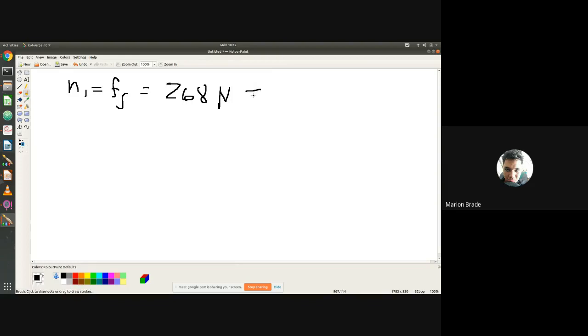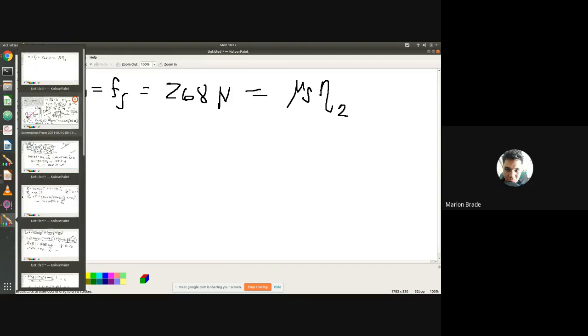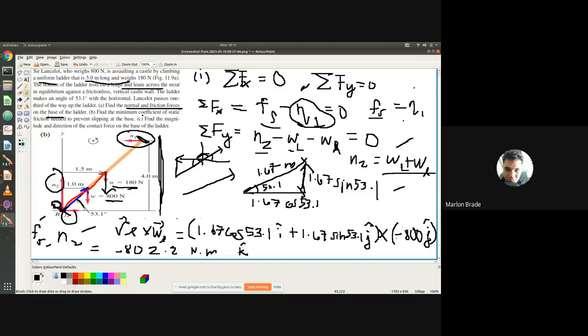And this must be equal to mu S multiplied by the normal force at point N2, right? But what is the normal force there? Fs corresponds to N2. So what is the normal force? The normal force is 980, right? 800 plus 180 is 980.